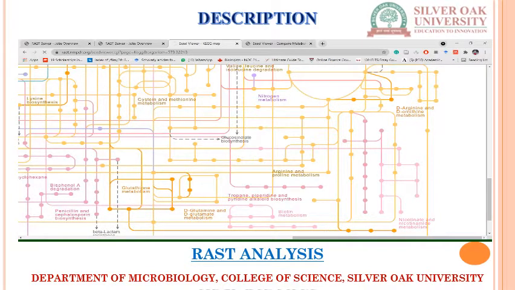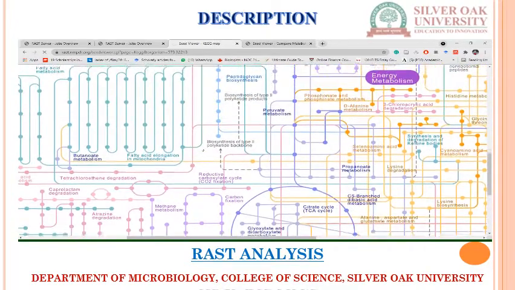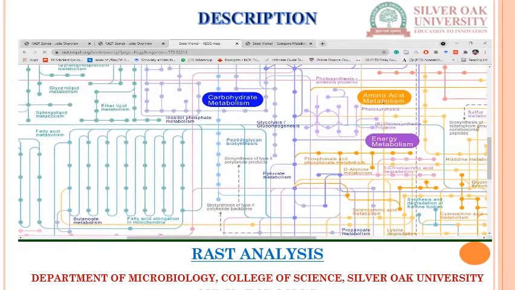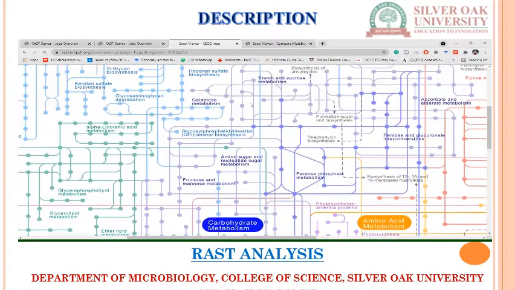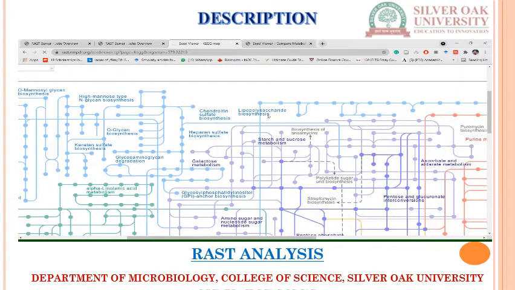This is the whole metabolic networking that we have learned in the earlier lectures. Then amino acid metabolism, carbohydrate metabolism, how these are all connected to each other, galactose metabolism, lipopolysaccharide biosynthesis. It is always on the outer side of the pathway. Why? Because lipopolysaccharides are always secreted from the cell.